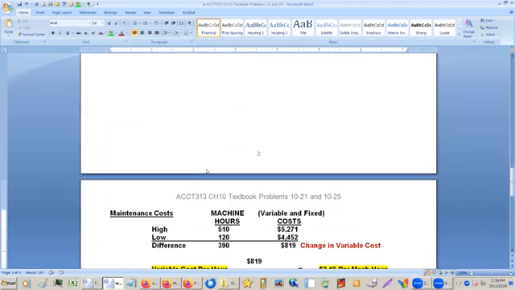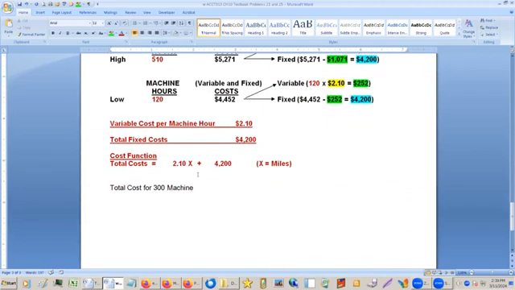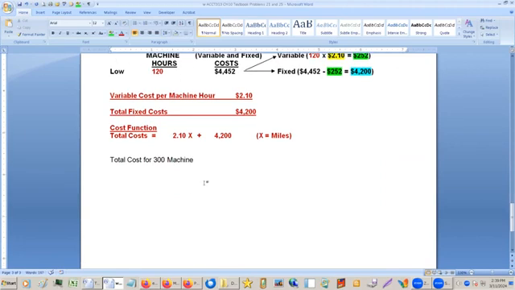Yeah. So let's say in January of the next year, you think you're going to use 300 machine hours. I should say total cost estimate for. It would look like this. A couple ways of doing it, but I'm going to use the function because that's why they put it here. Well, we just plug in 300.